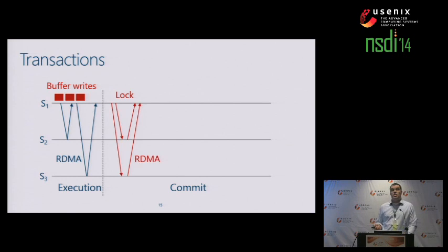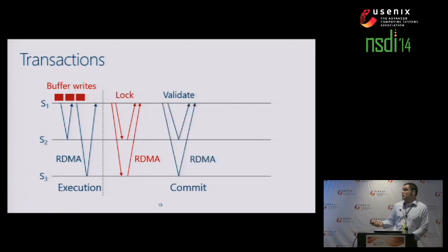The first step is locking the write set, which is done by sending messages to the machines that hold pieces of the write set. They locally lock the objects and send the responses back. If the locking succeeds, the coordinator, in this case server S1, validates the read set using one-sided RDMA reads. Validation ensures that nothing that was read during the execution has changed since then.